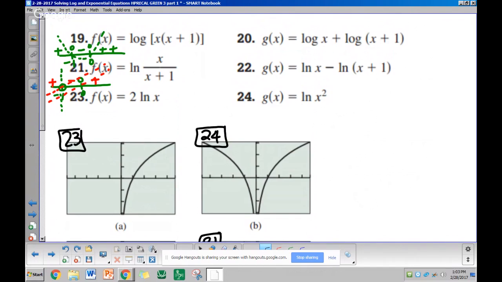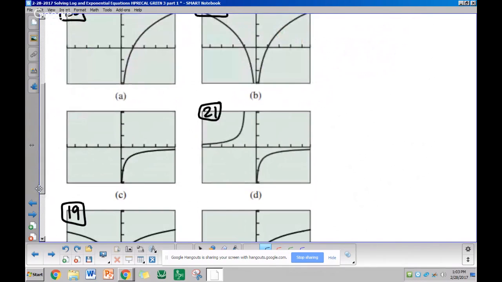A number less than 1 when x is bigger than 0. Do you agree with that? Yeah. It'll never be 1. So it's going to be a number between 0 and 1, which is what kind of number? A fraction. Which means that the log of a fraction is what sign? Negative. So it's going to be negative on this side. Okay, that's fine. Got it? That's why that one works.